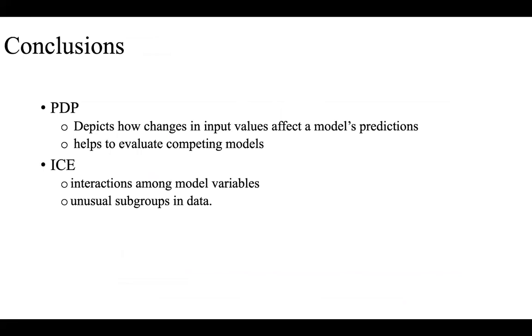PDP depicts how changes in input values affect the model predictions, and also helps to evaluate competing models. Whereas ICE also shows us interactions among model variables, and also helps to detect whether there are some unusual subgroups in the data.